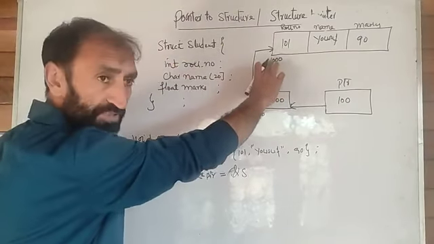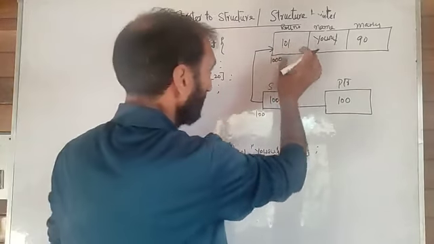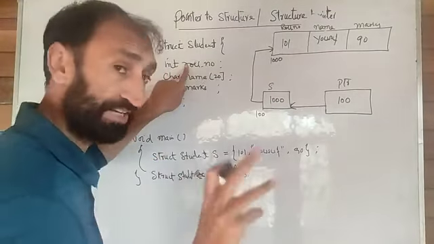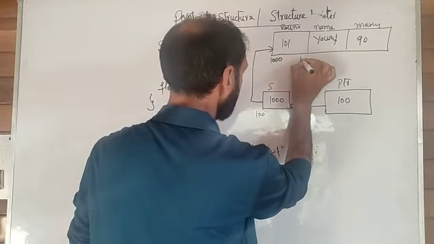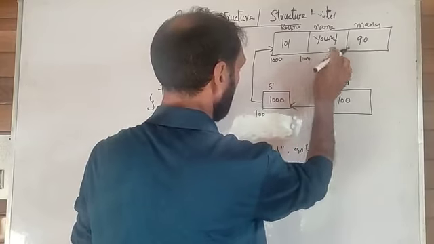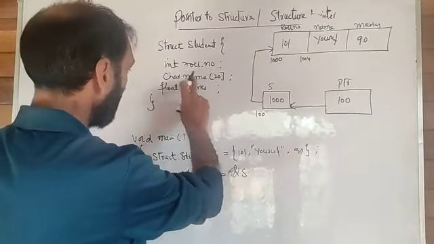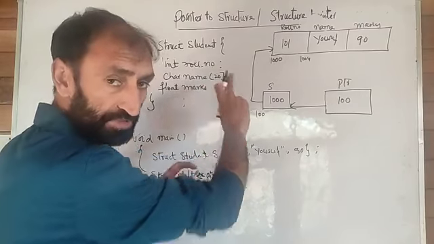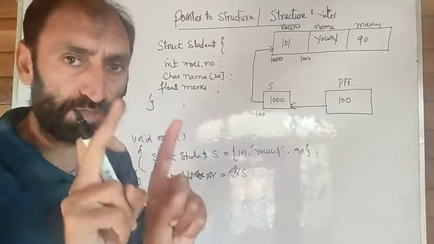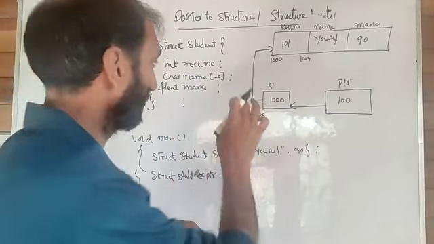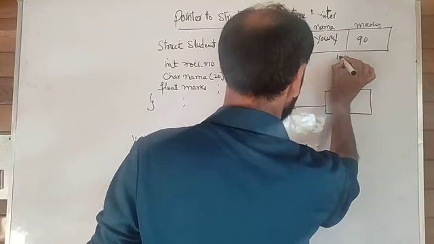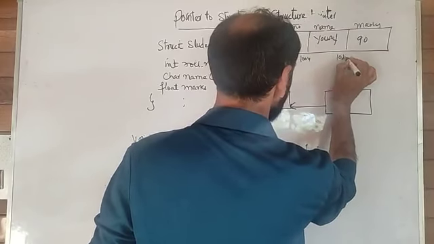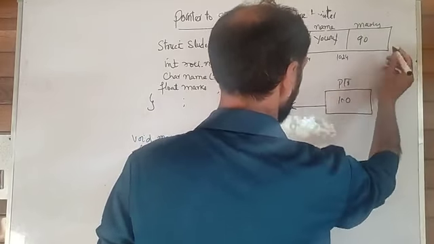The address of the first byte is 1000, and roll number is of type integer. That means it occupies 4 bytes of space. 1000, then 1004, and then char name of size 20 bytes. That means one char occupies 1 byte of memory, and 20 chars occupy 20 bytes. That means it may be 1024, and marks 4 bytes.